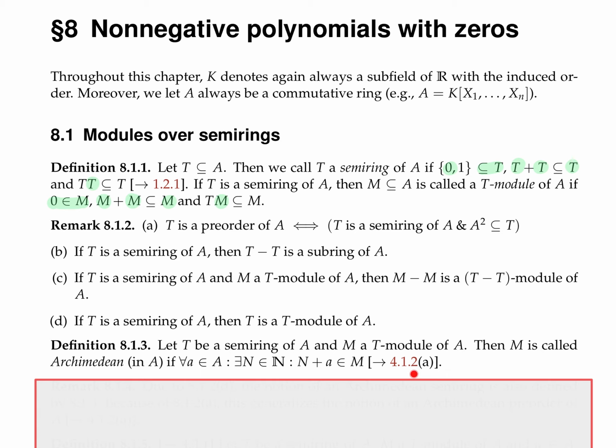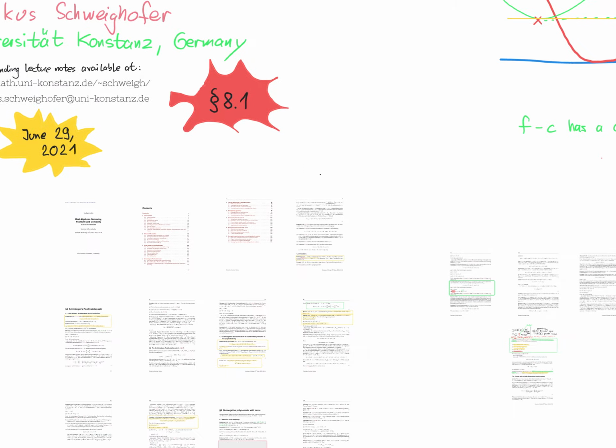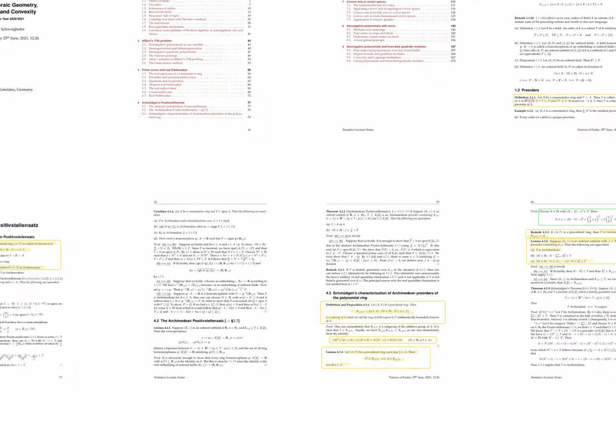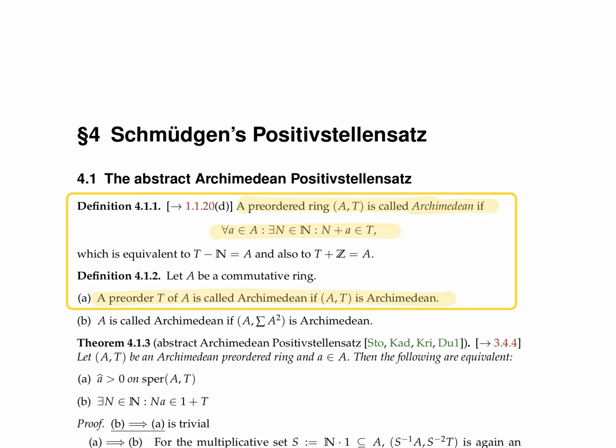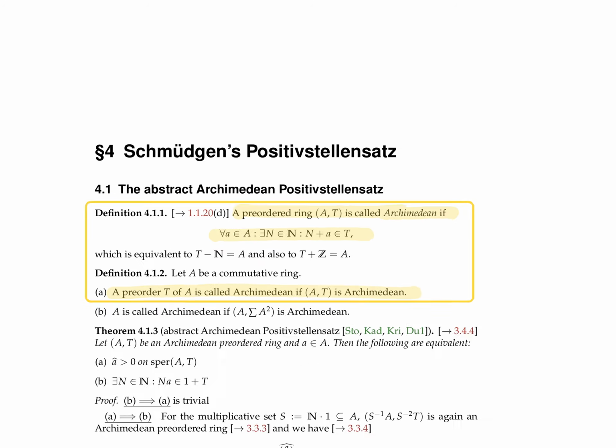Let's look at 4.1 to A. That was exactly the same thing. Here we had a preorder in a commutative ring, and we called it Archimedean if and only if we have exactly the same condition.